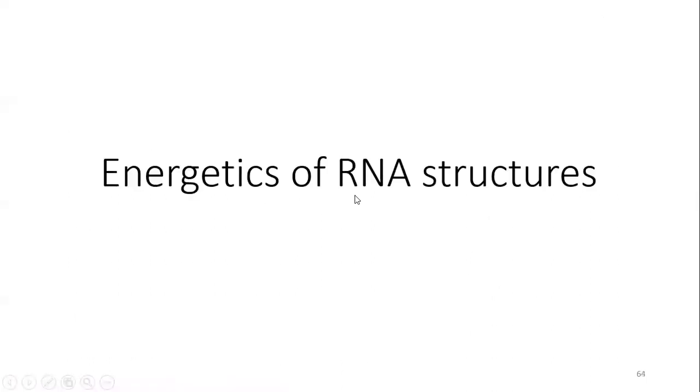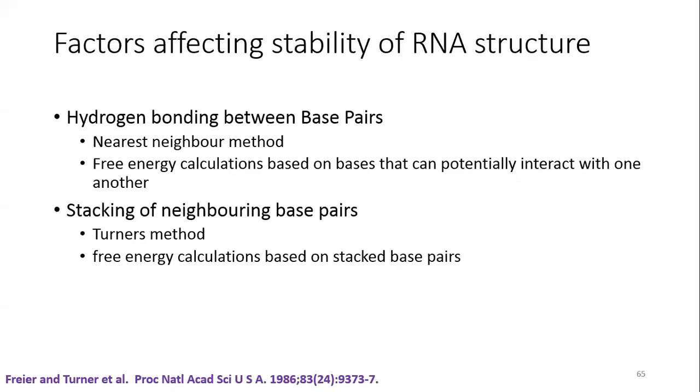Okay, so the final topic that we are going to discuss now is all about the energetics involved in RNA structures. How do we calculate the free energy of RNA folding? That would be the main crux of the remaining part of our lecture. So first, let us discuss what are the factors that affect the stability of RNA structure.